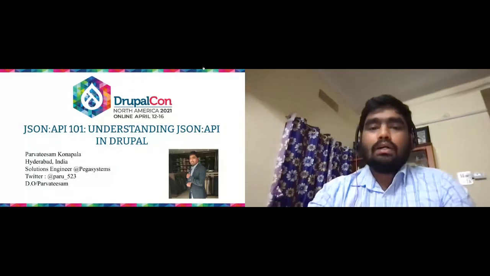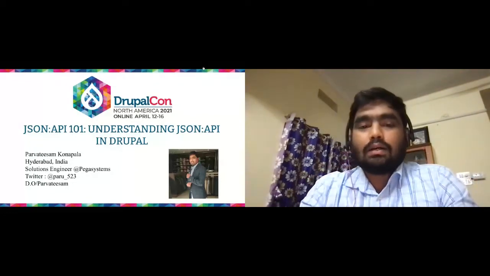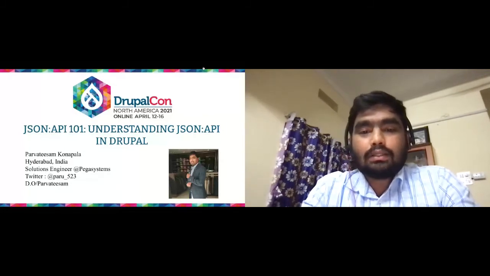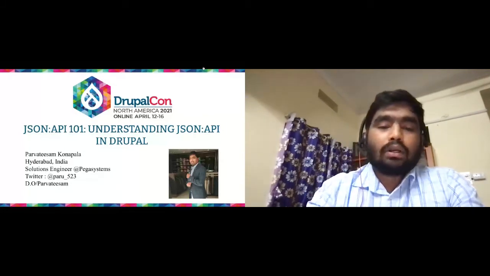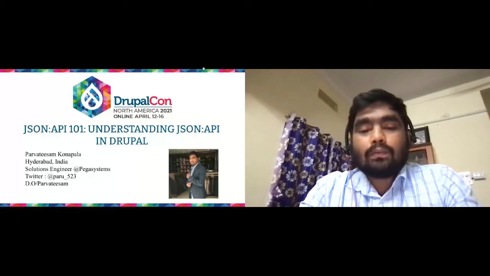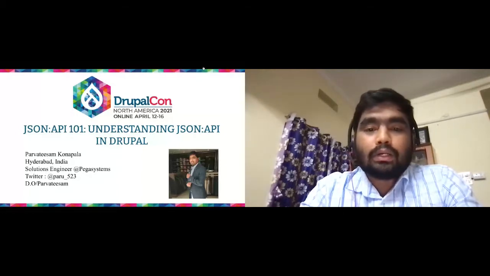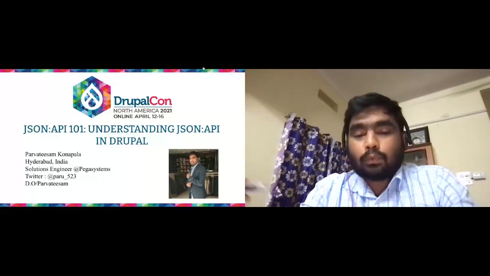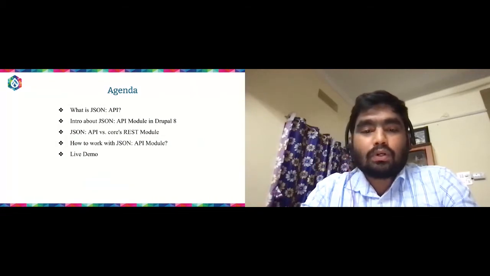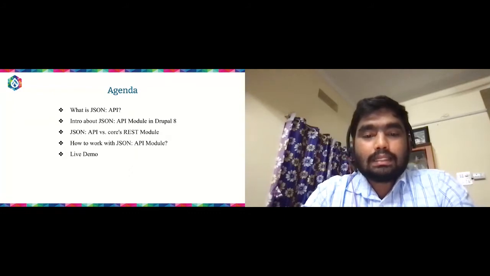So the agenda of this session: I will cover what JSON API is, what the JSON API specification is, and a short intro about the JSON API module in Drupal, what configurations we need to do, and how it interacts with Postman if you try to verify the endpoints. We will also walk through a few differences between JSON API and the core REST API module.